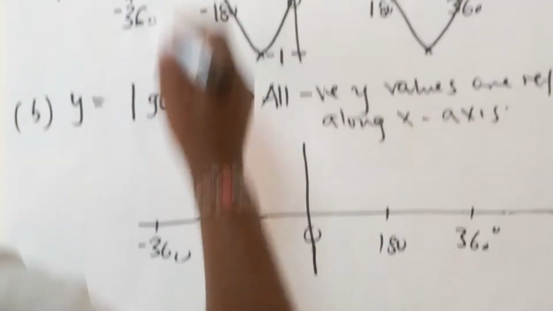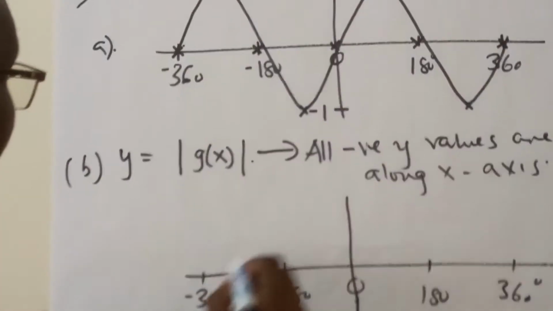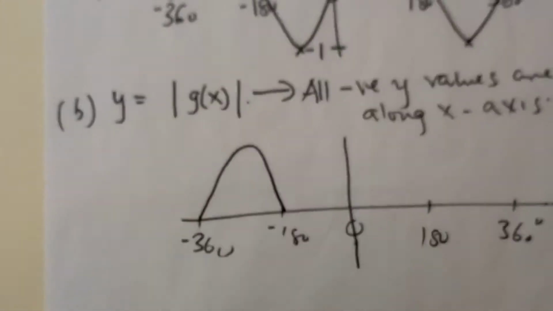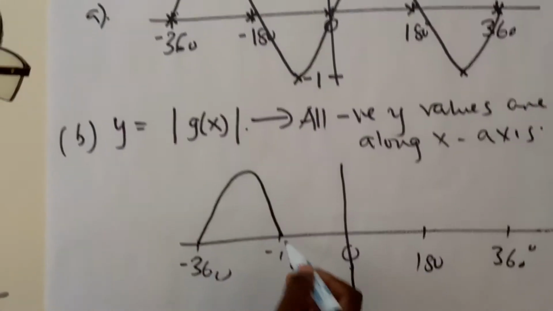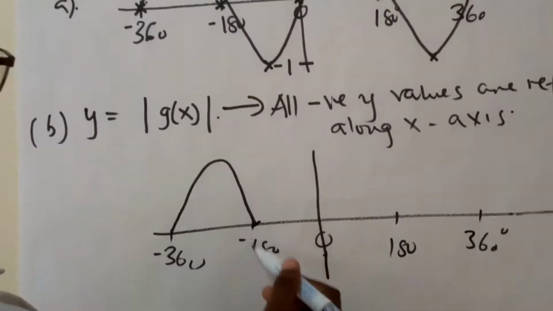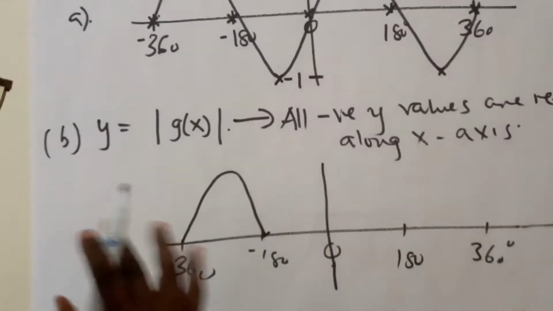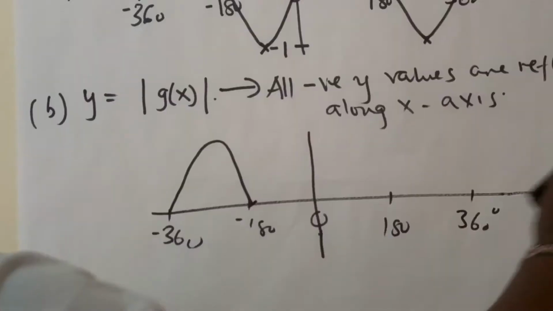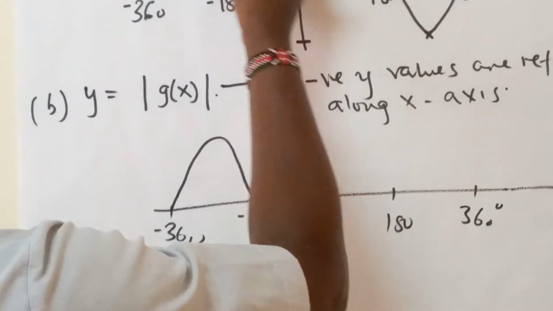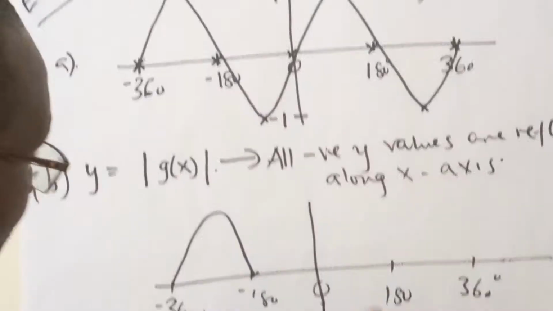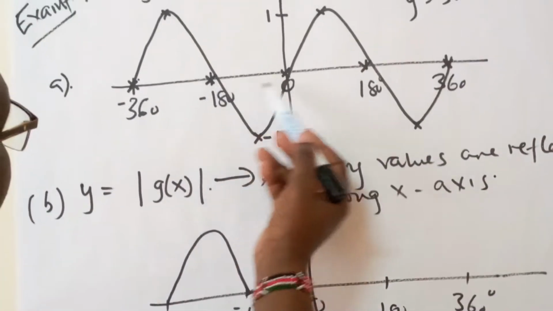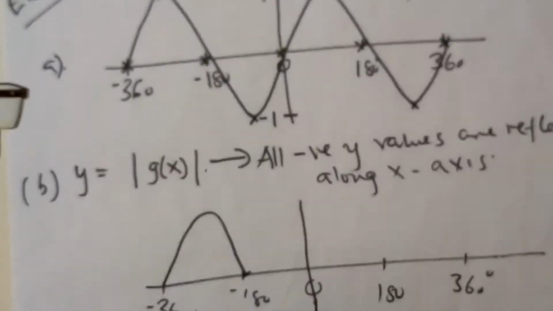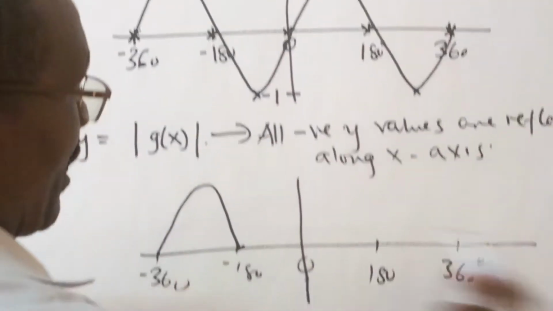We are very comfortable from negative 360 to negative 180 degrees, moving to the right, because these values of y, as you can see, are already positive. But between negative 180 and 0, you can see the values of y are negative, and these are the ones we now need to reflect along the x-axis.